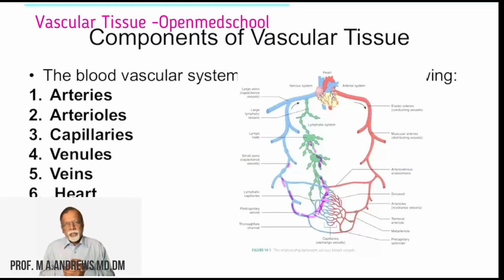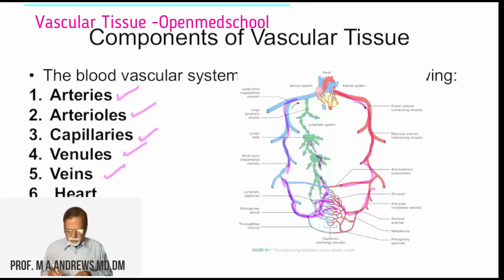So let us look into what the components of vascular tissue are. It consists of arteries, which divide into arterioles, capillaries, venules, and veins. So here you can see the arteries. They divide into arterioles and finally form a network called capillaries. Capillaries join together to form venules, veins, and finally reach the circulation.